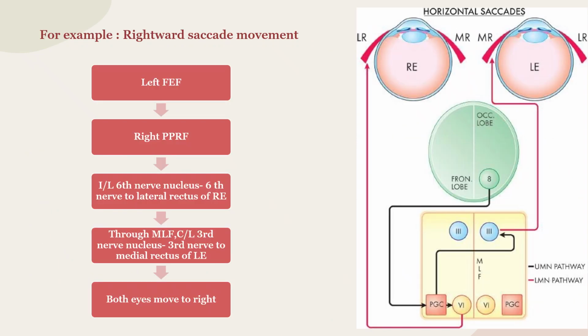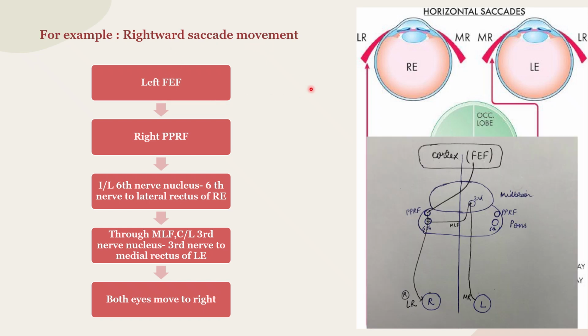For example, if we want a rightward saccadic movement, that is a right side gaze, then for the rightward gaze movement the left frontal eye field is stimulated and the signals go towards the right PPRF, that is, the ipsilateral side of the movement.